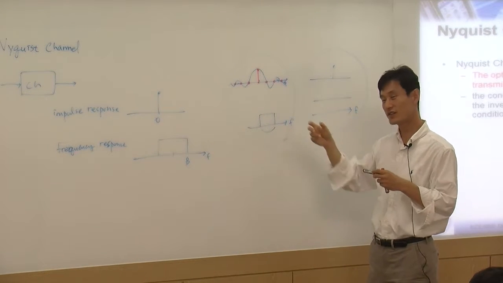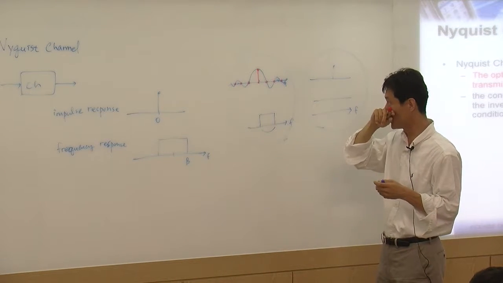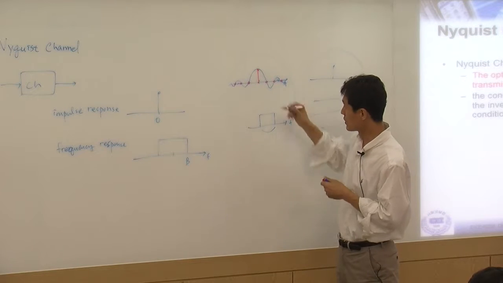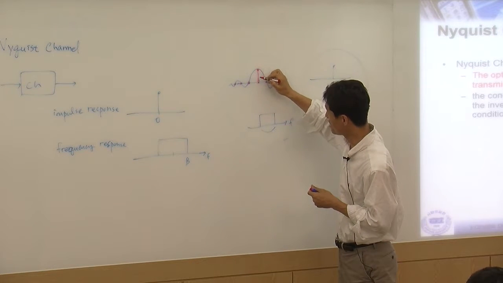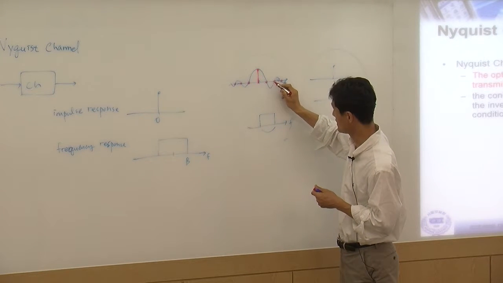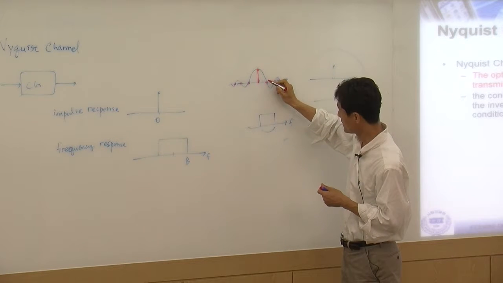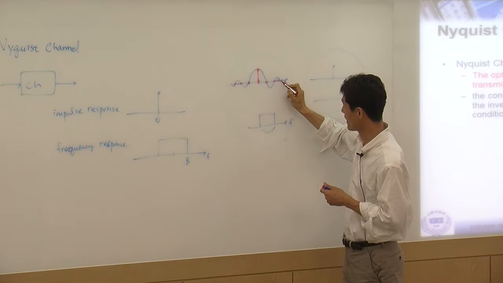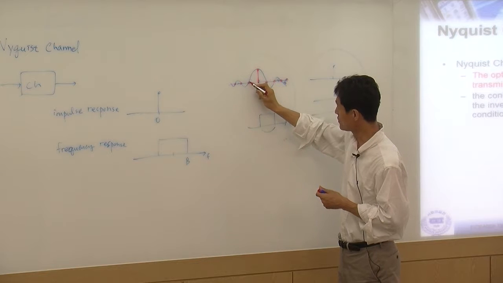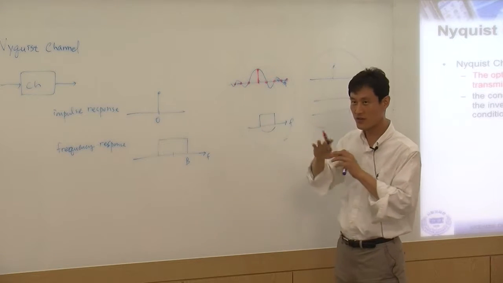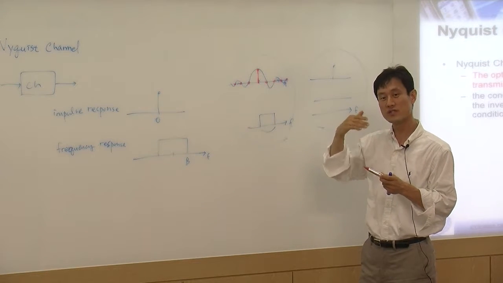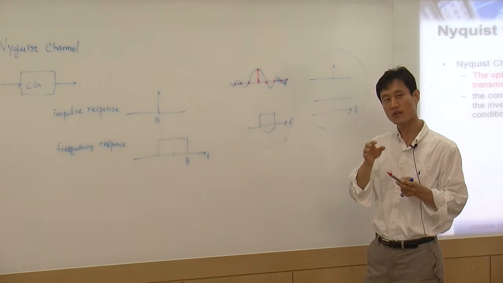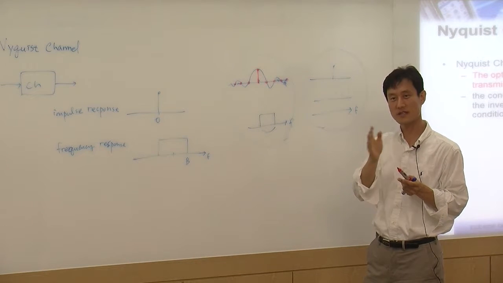However, since this is continuous time, what you want to do is sample with a very carefully chosen sampling frequency such that at every zero crossing point, you have a sample. Once you do that, forget the continuous time. Since you do sampling, look at only the digital samples.